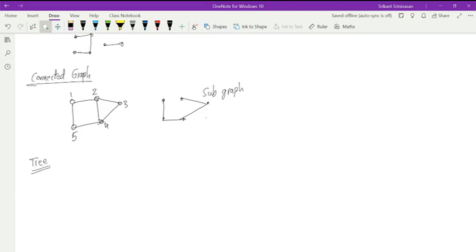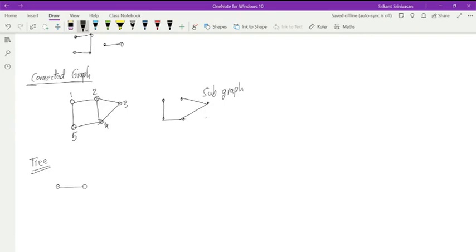Okay. That means you use it. It takes the minimum number of connections to cover all the nodes. So let us say that I have two nodes. What is the minimum number of connections to connect two nodes? One branch. Right.